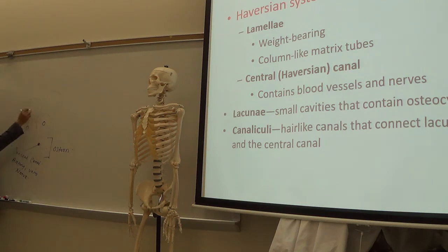So each osteon has a central canal, and you have many tiny cavities. Those are called lacunae, small cavities called the lacunae, and inside the lacunae you have the mature bone cells, osteocytes.